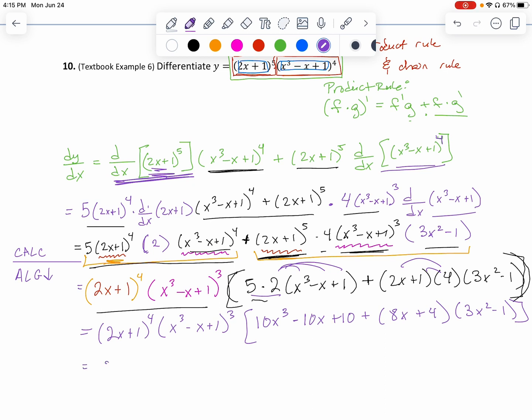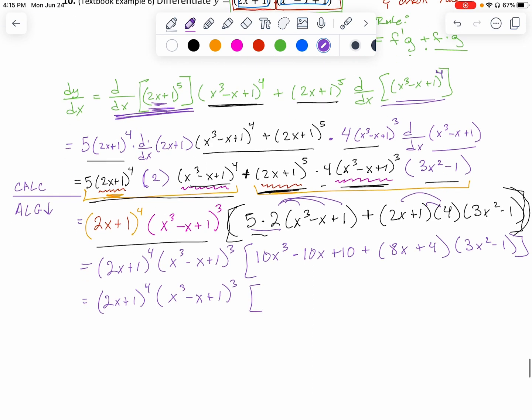So a lot of this I'm just going to copy down. And I just want to get rid of those last parentheses so I can combine what I can and get just a row of 3 factors.